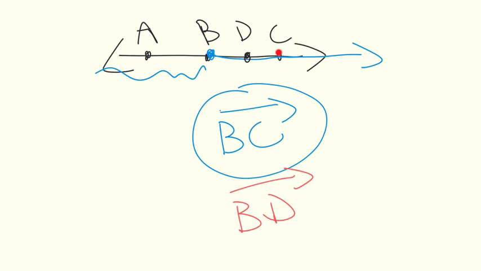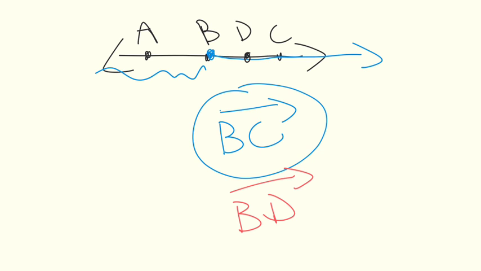It's just that I picked a different point to tell people what direction it's going in. So here I pick C, here I pick D, but since they're all collinear on the same line and going in the same direction, these are the same ray. So you'll sometimes be asked to find a different name for a ray. Look for another point that's on that same line to use as your second point in the ray name.